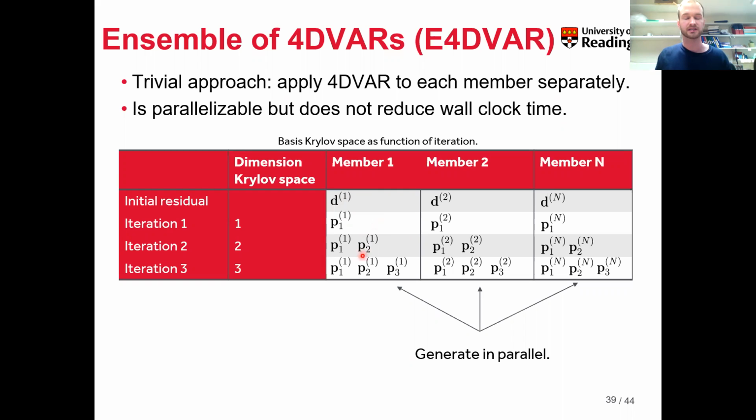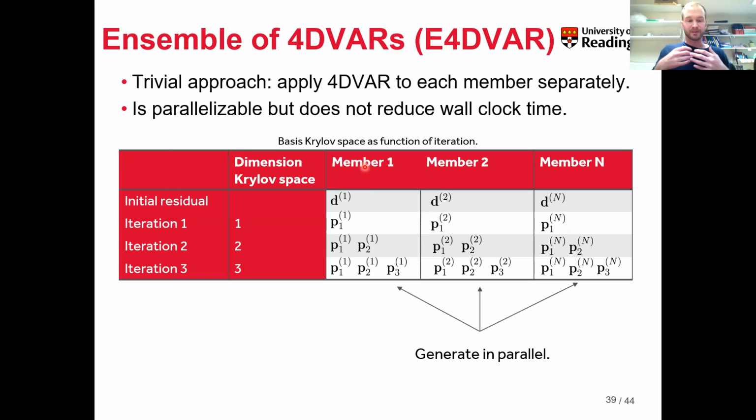After 2 iterations, it has a Krylov space of dimension 2, etc. Now you can run the 4D-Var for each ensemble member in parallel, no problem, but it will take just as much time as running a single 4D-Var. It's just that you need a lot more computational resources because you have to do it for the whole ensemble.